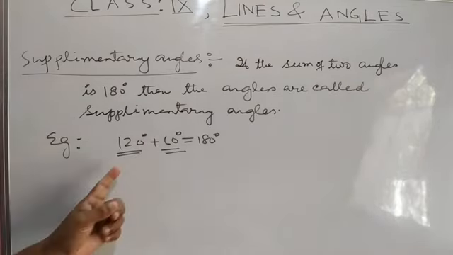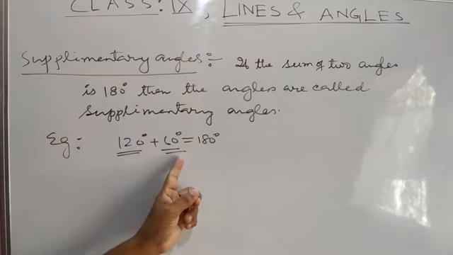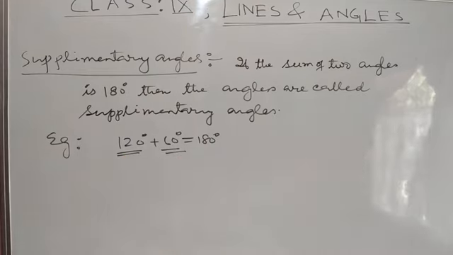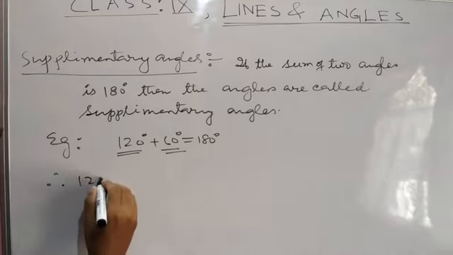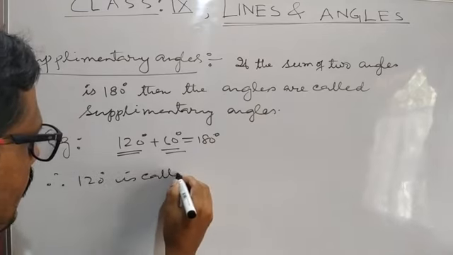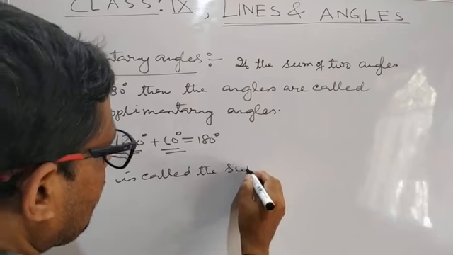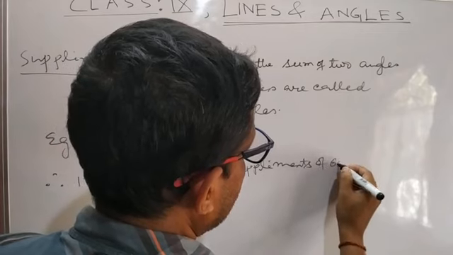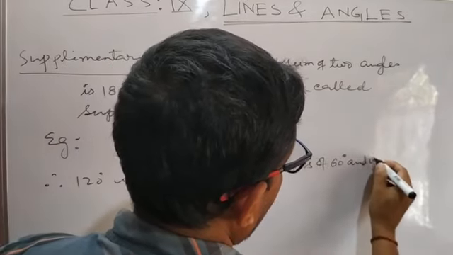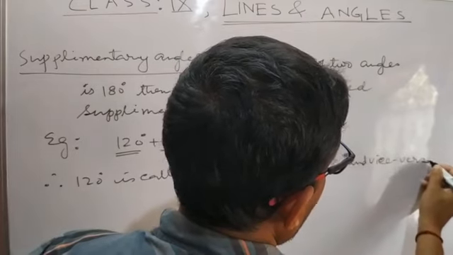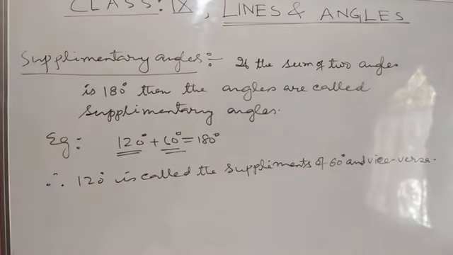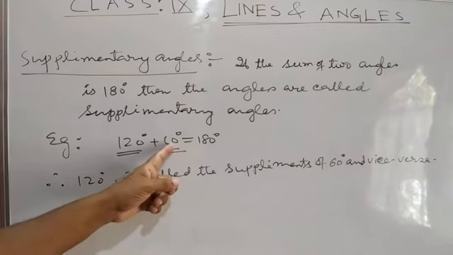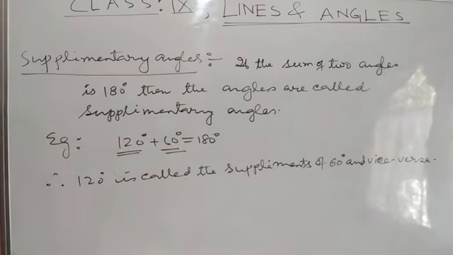So we can say that 120 degree is called the supplement of 60 degree and vice versa, and 60 degree is also called the supplement of 120 degree.